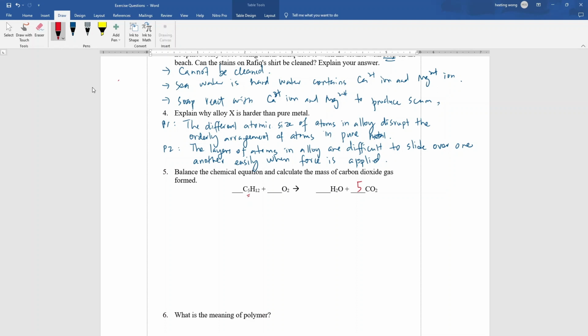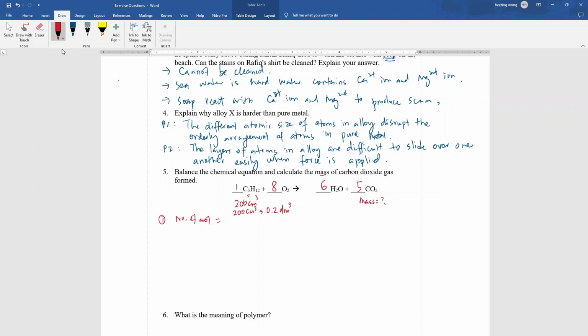Why do we need to change to cubic decimeter? Because we need to divide by the molar volume. Molar volume given normally is 24 cubic decimeter. So we need to make sure that the units are the same.